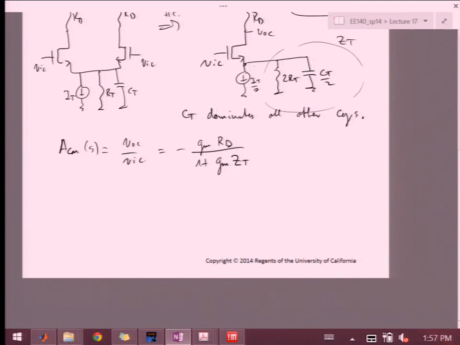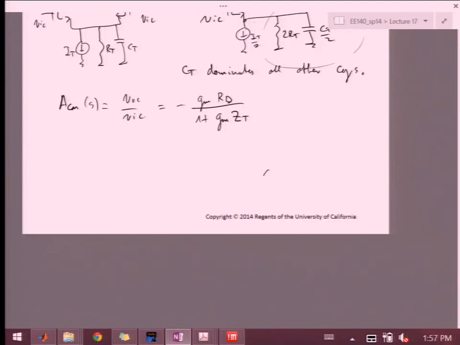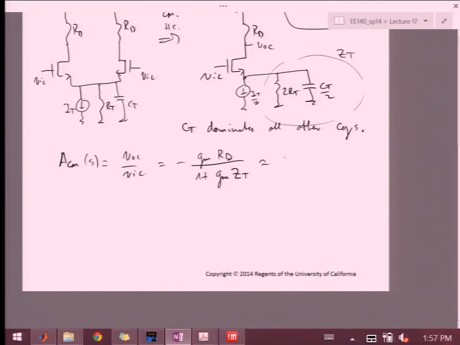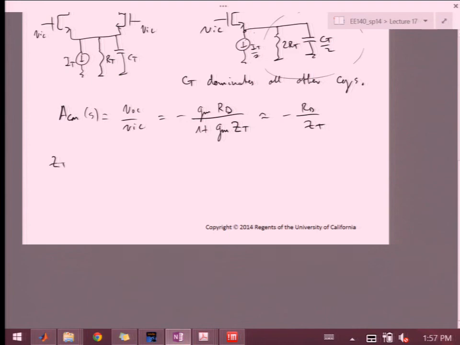All right. And since GM ZT is going to, in the region where it's large, I can approximate this as minus RD over ZT. Right? So ZT will be 2RT in parallel with 1 over S CT over 2.